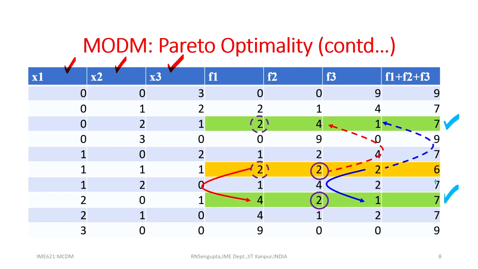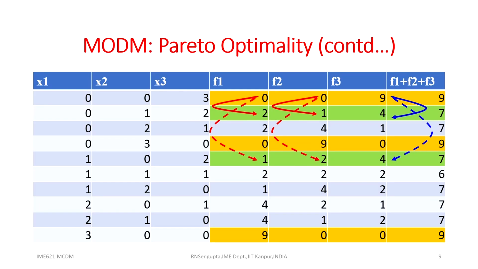The value 7 remains the same, and if I consider the set of points 2, 0, 1 and 0, 2, 1, collectively they can be considered as Pareto points, because the sum of the functions f1 plus f2 plus f3 remains 7.